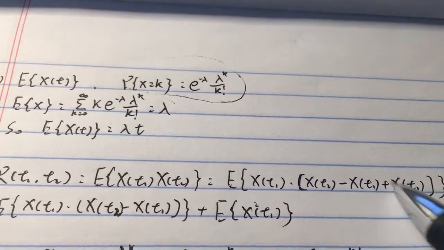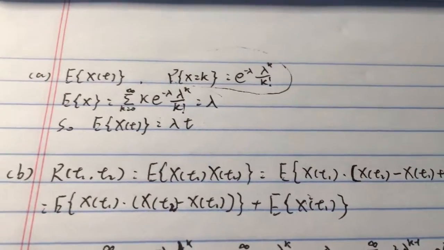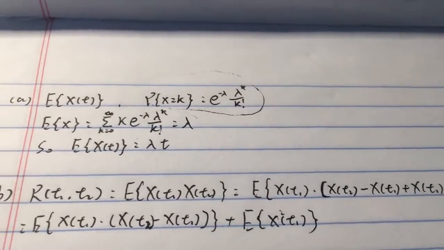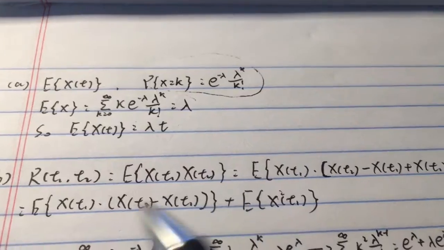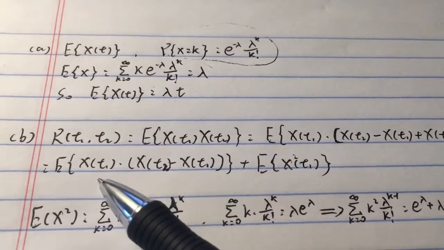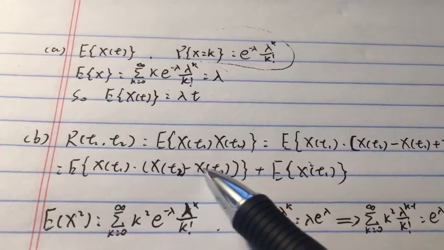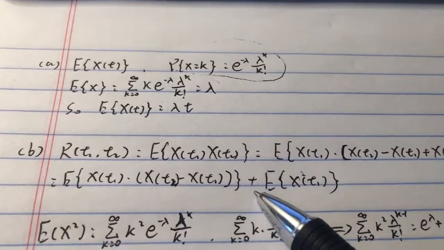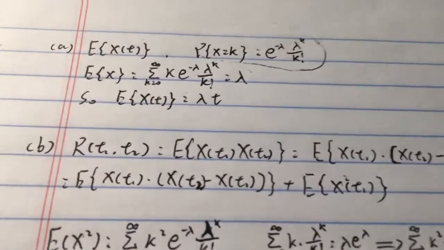We put these two elements in, do some calculations, and we got this: the mean of xt1 multiplied by (xt2 minus xt1), plus the mean of the square of xt1.